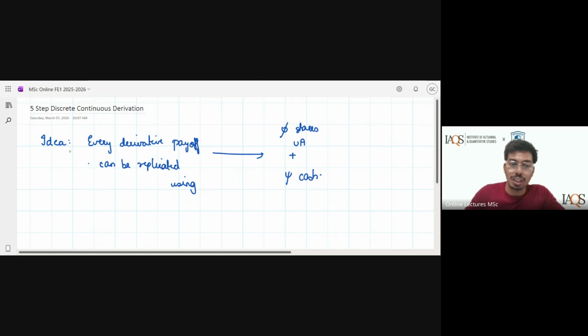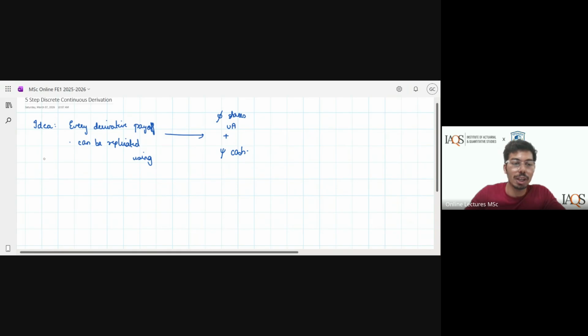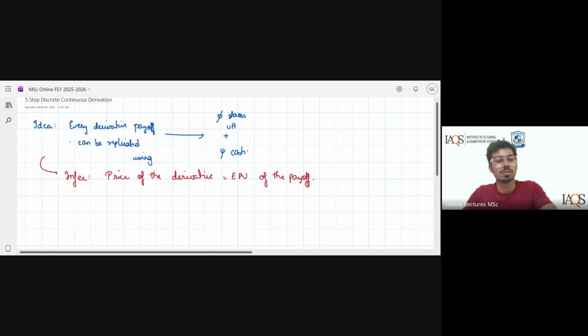We'll try to prove this idea. If we prove it, based on this, we'll infer that the price of the derivative is the expected present value of the payoff. Fair enough. This we've already seen.